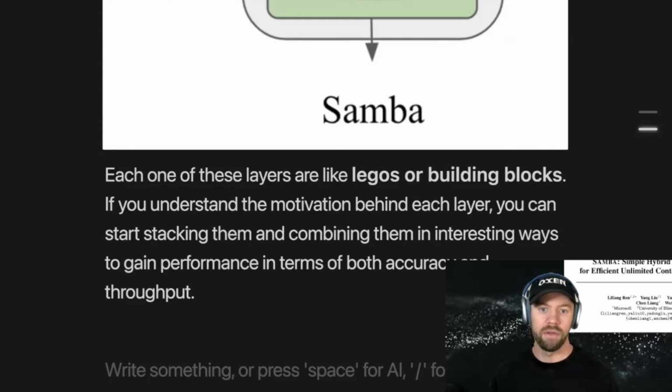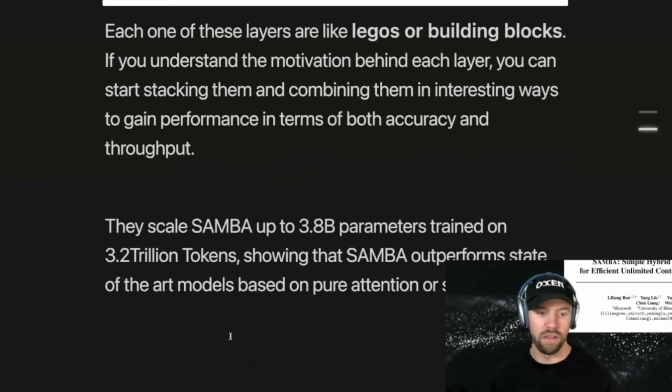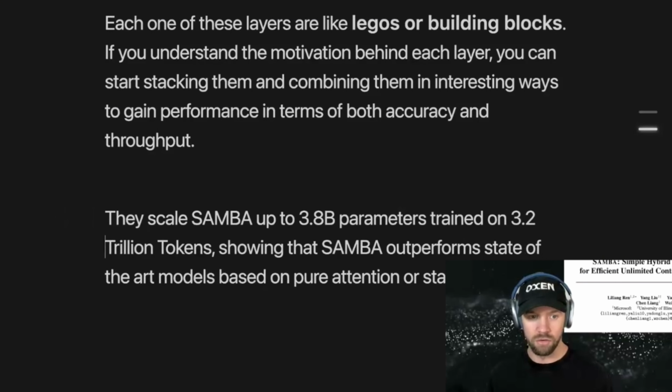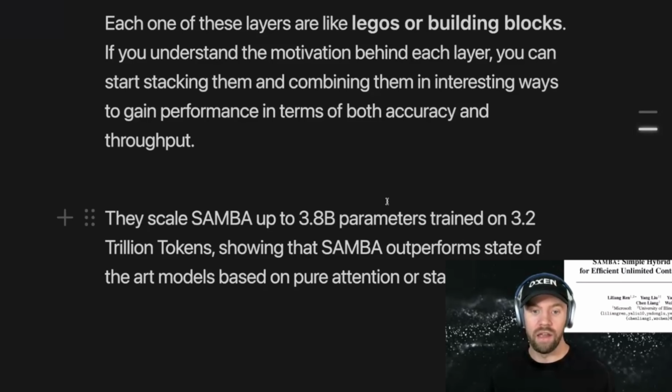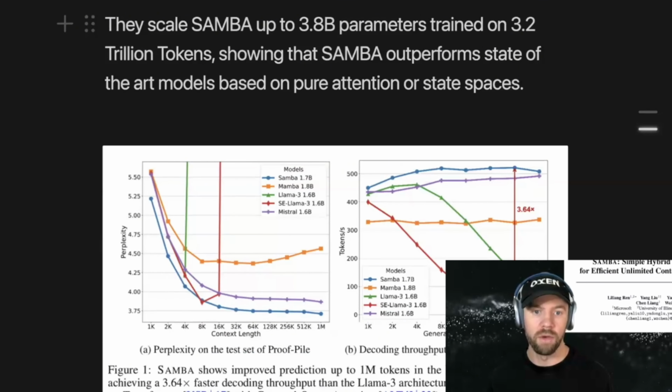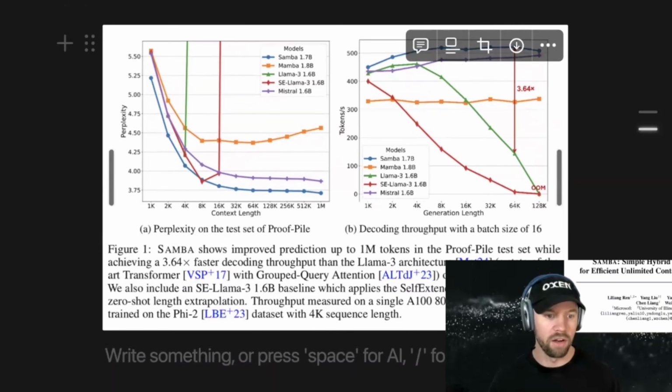They scale up Samba to a 3.8 billion parameter model trained on 3.2 trillion tokens, and show that it outperforms previous state-of-the-art purely attention-based models or pure state space models.